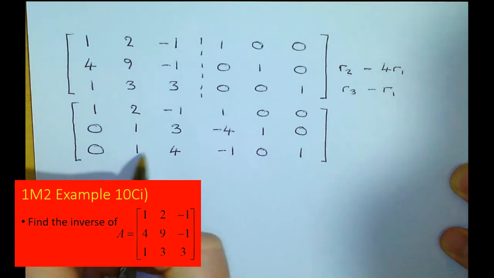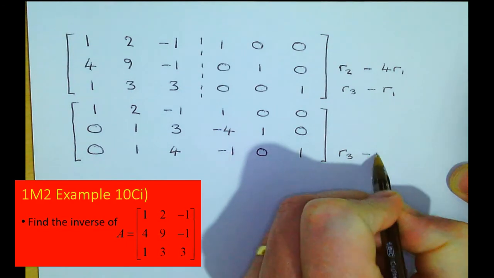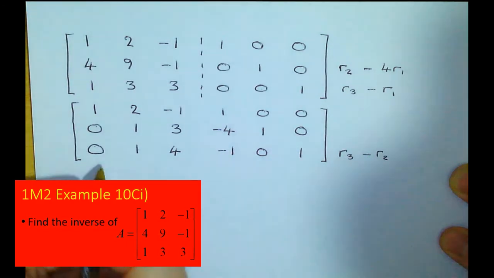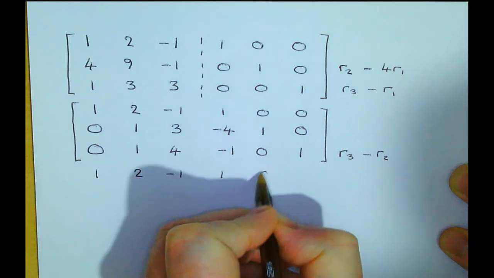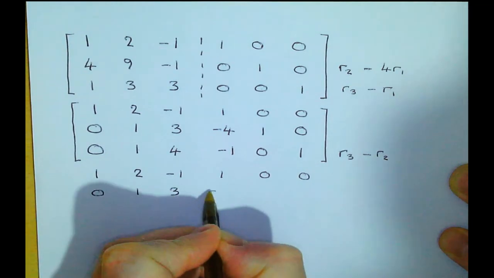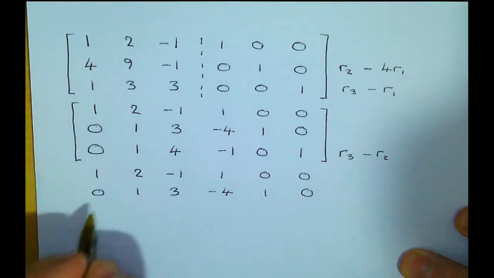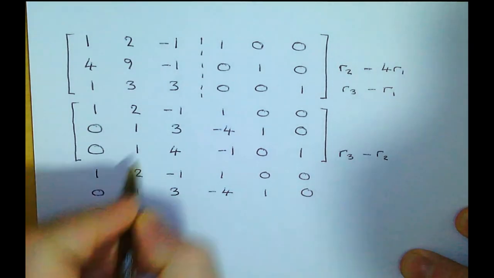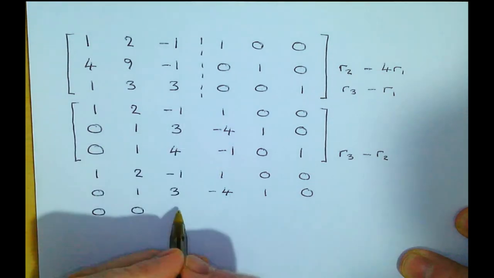We'd now like to find a 0 in this position. So I'll take row 3 minus row 2. So the first two rows stay the same. And then we have row 3 minus row 2. 0 minus 0. 1 minus 1. 4 minus 3.